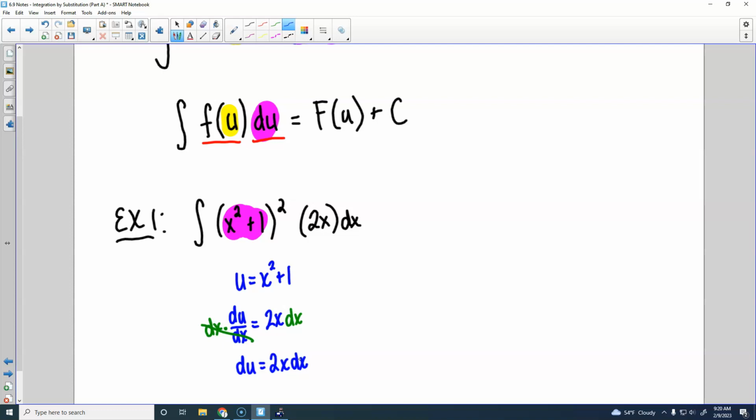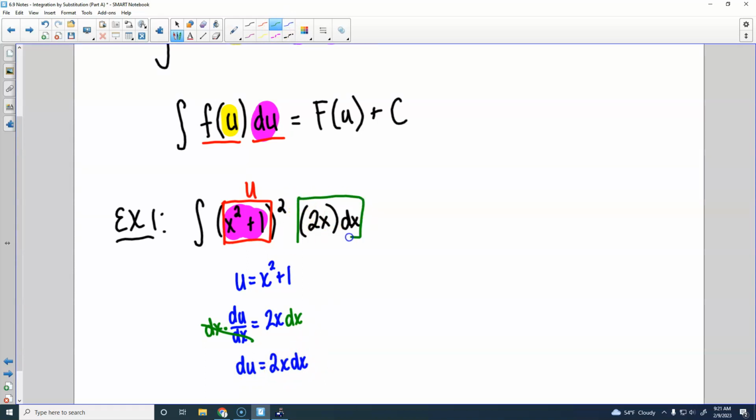So what I can do is I can substitute here. Okay. I can substitute. So u equals x squared plus 1. So I can take this x squared plus 1, I can put a u right there. And then my du equals 2x dx.